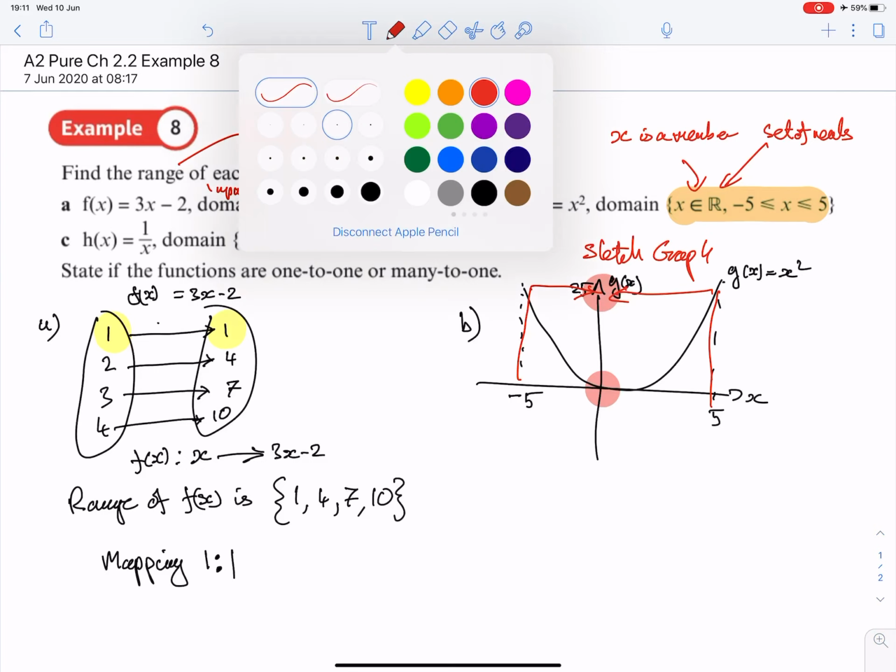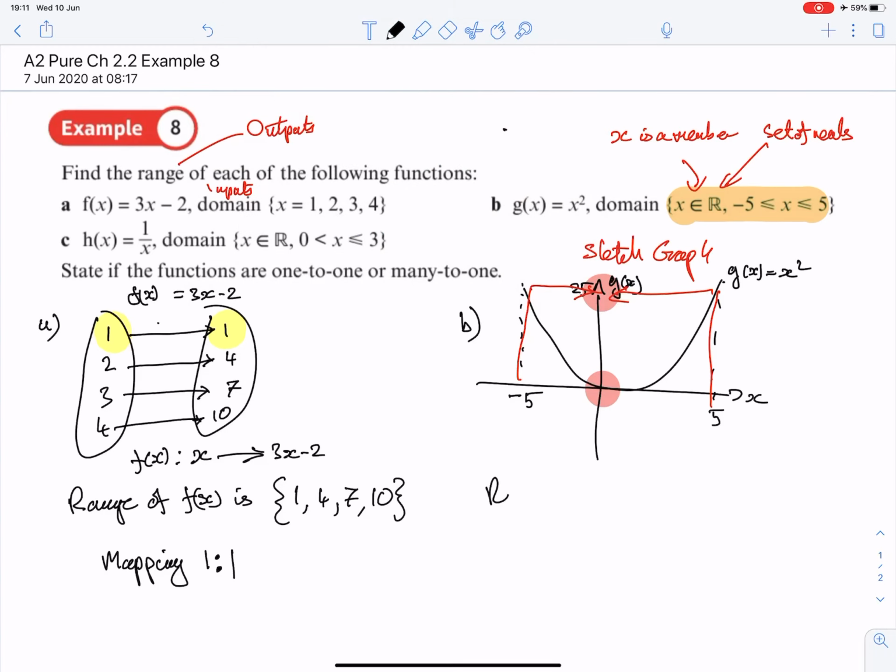So our range of g(x) is, and again we can't list out all the values, so we do the same kind of idea. g(x) is a member of the set of reals, and g(x) is greater than or equal to 0 and less than or equal to 25.